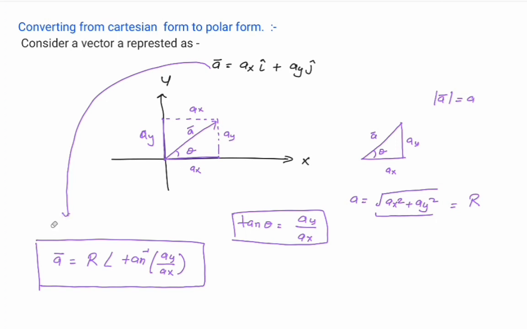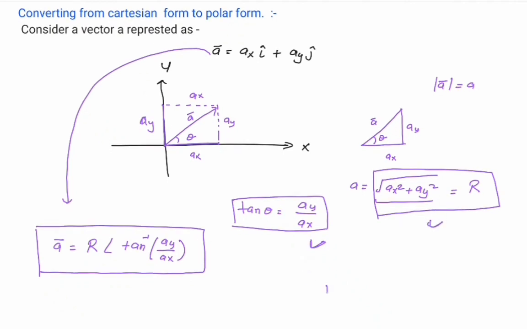Here I have converted the given vector into the polar form. What is the value of R? R is equal to under root of ax square plus ay square. This is the magnitude of the given vector and this is the angle of the given vector. And we know how to represent the polar form, magnitude and angle. The same thing I have written over here. This is a magnitude and this is an angle.